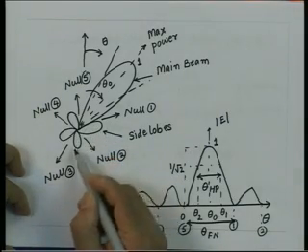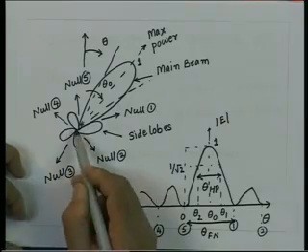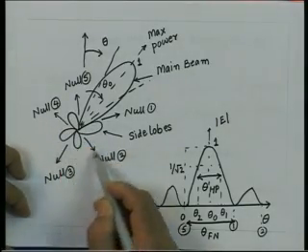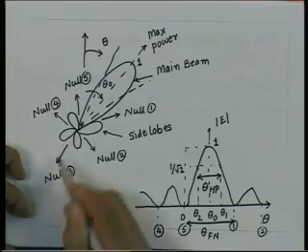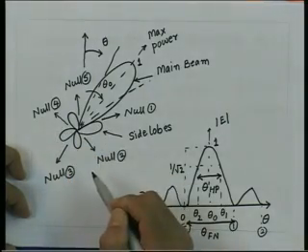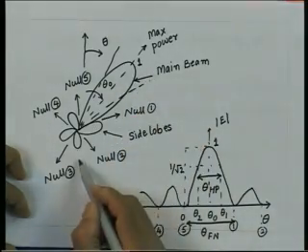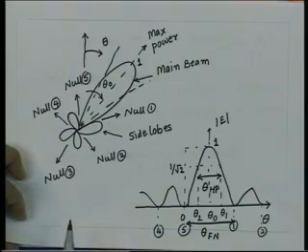Maybe this side lobe will be lesser, this will be more, that is possible. So what we do is we just find out the highest level of the side lobes, that means the highest value of the local maxima, and the ratio of main beam amplitude to that amplitude is what is called the side lobe level.